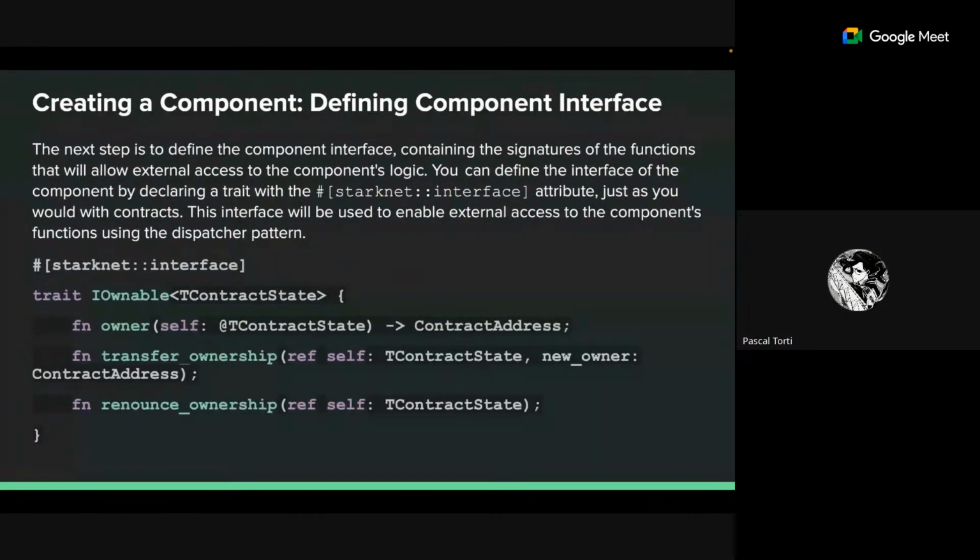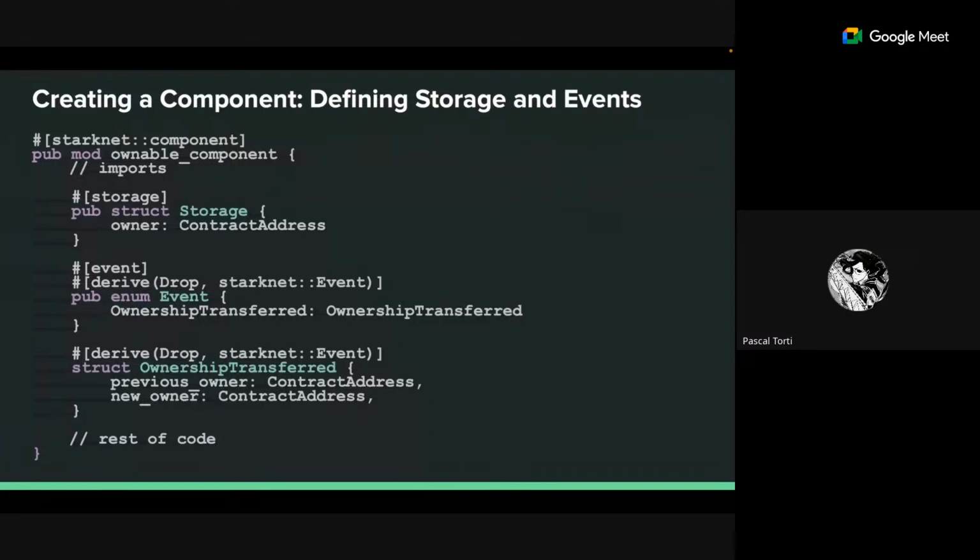And of course, it has to make a dispatcher for you, over here, so you can actually call the components that are embedded in your contract. So this is just your basic layout of your components.